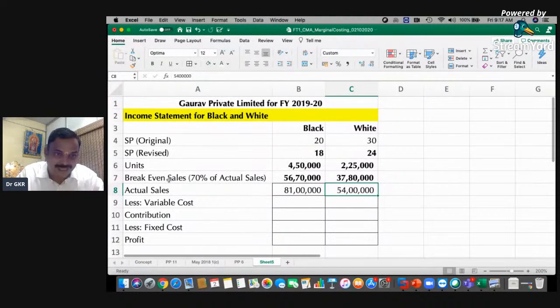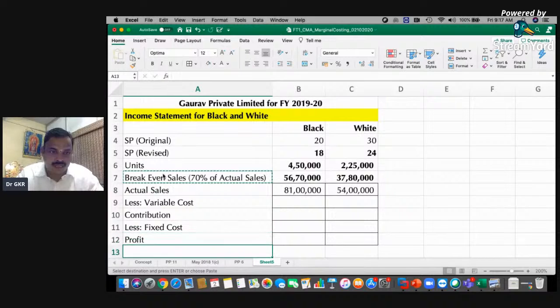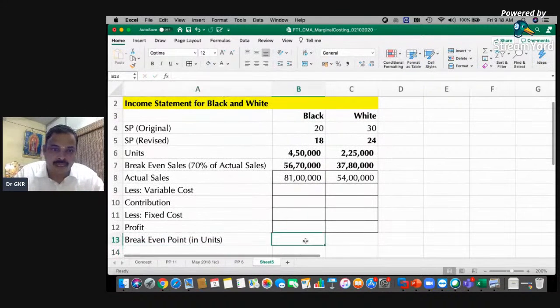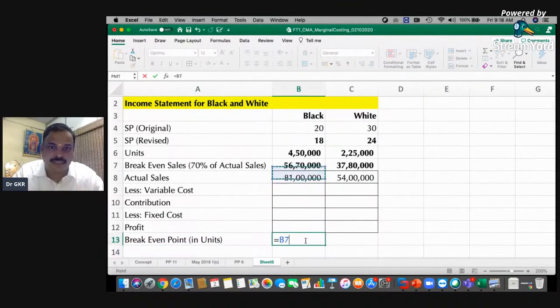Now break even sales, I will type it as break even point. So what is break even point? So break even point is in units. Just now I discussed before that break even sales always should be up. Now break even point will be 57 lakh 70,000 divided by revised selling price.